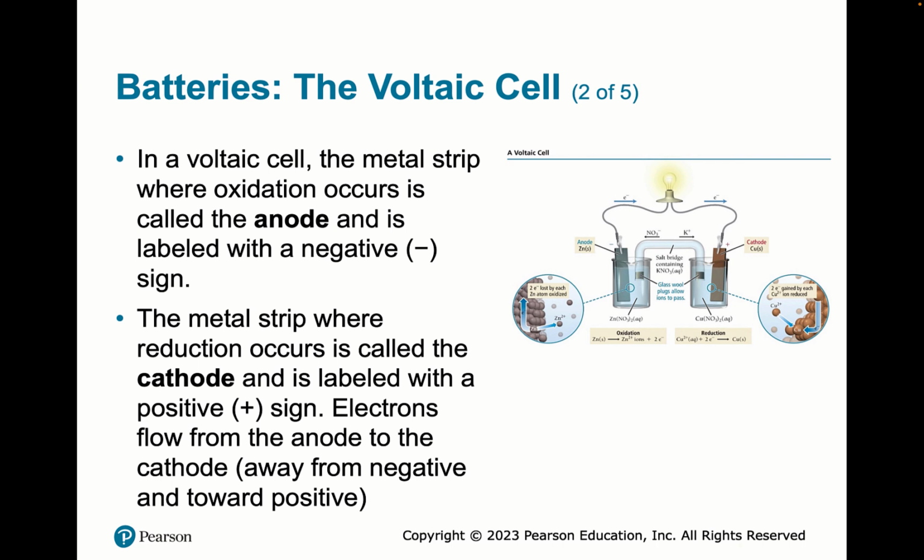Eventually you get to a point where the battery will stop working, and it's usually when the anode corrodes. That's the most typical thing that happens when batteries die. But it really depends on the battery. You could run out of copper ions in solution, for instance. But typically, when batteries die, it's when the anode corrodes away.